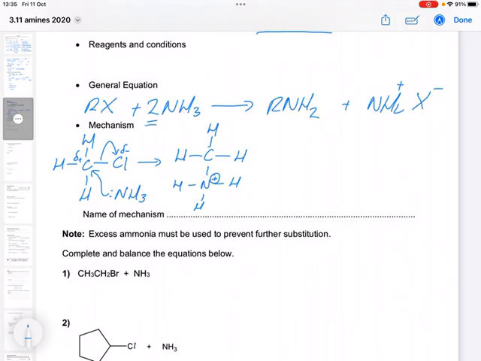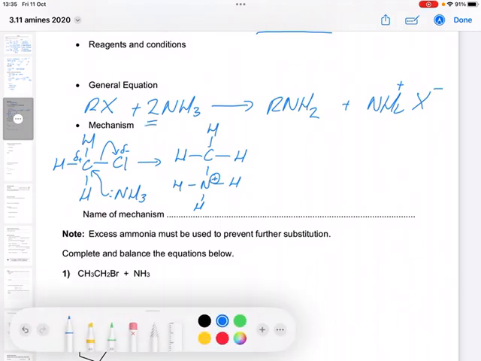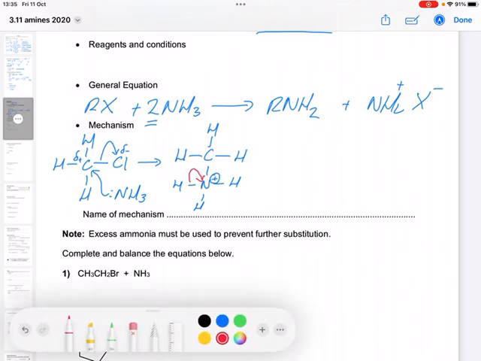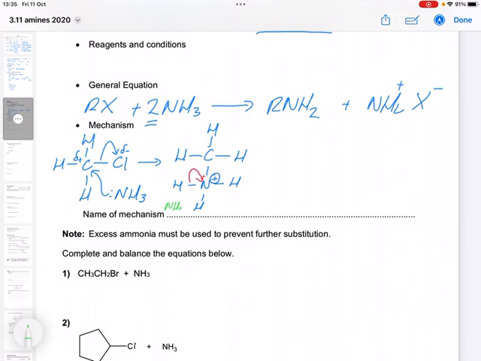Now, we generally don't do it in our mechanisms. So generally, we just take one of the nitrogen-hydrogen bonds and go back to that. But what you'll see in some of the mark schemes is that we have a second ammonia there that actually is used to remove that hydrogen. I wouldn't put that into mechanisms.